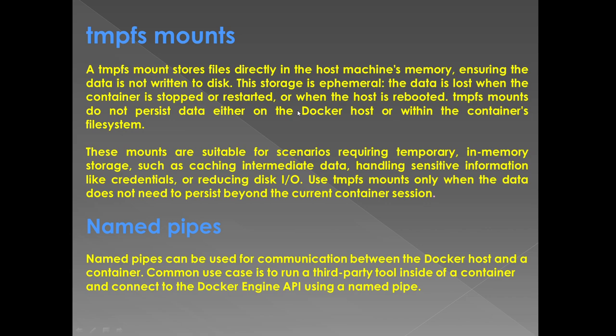These mounts are suitable for scenarios requiring temporary in-memory storage, such as caching intermediate data, handling sensitive information like credentials, or reducing disk I/O. Use tmpfs mounts only when the data does not need to persist beyond the current container session.